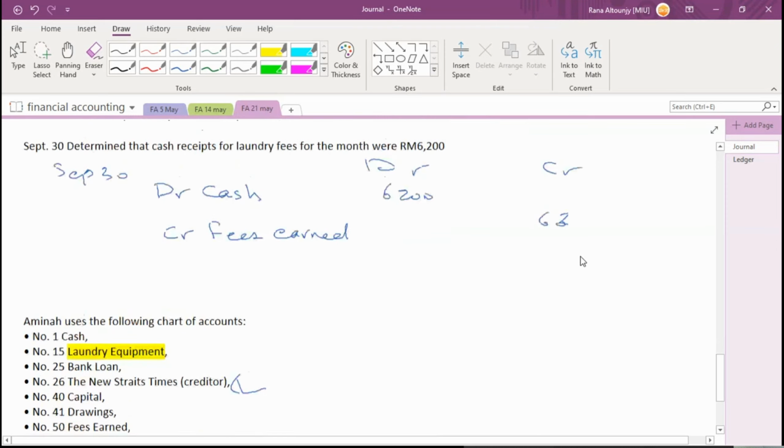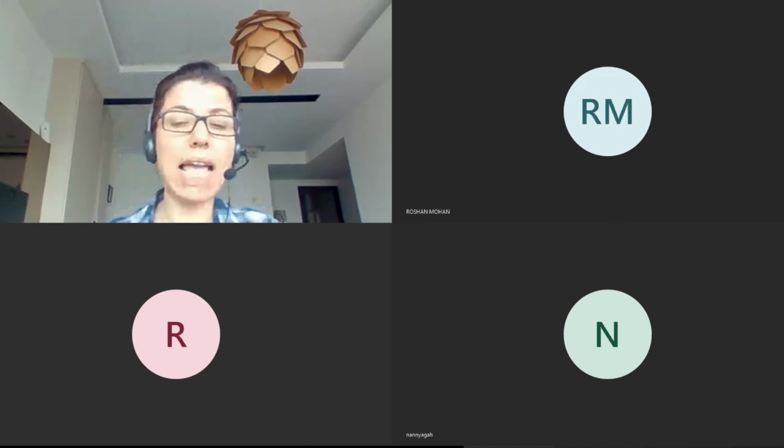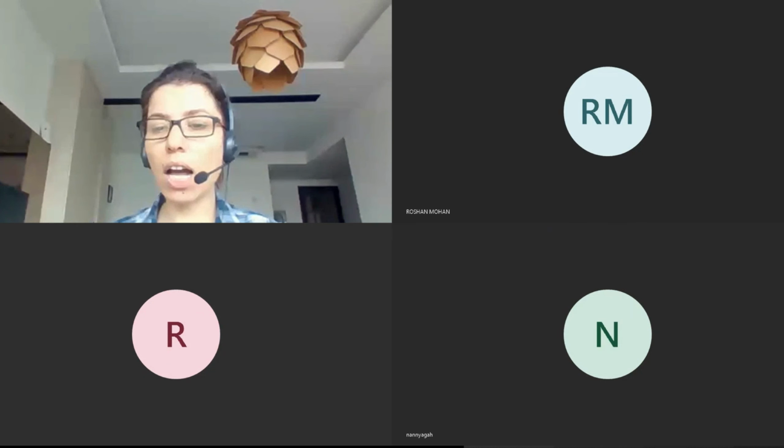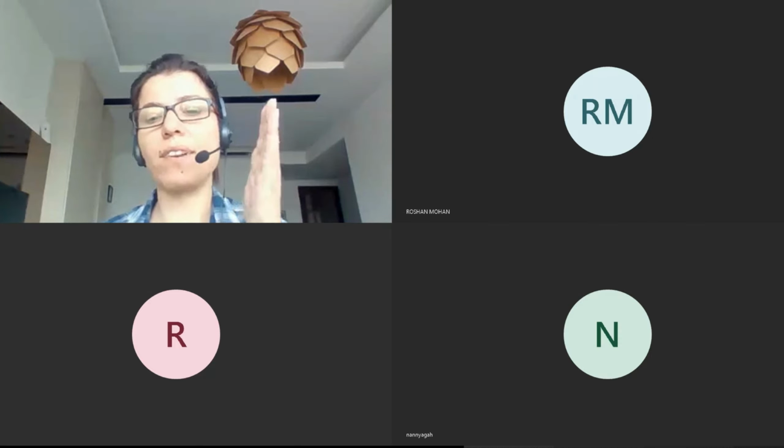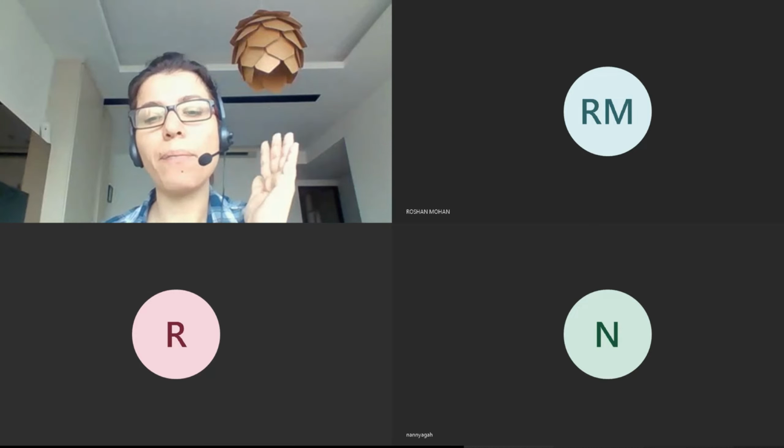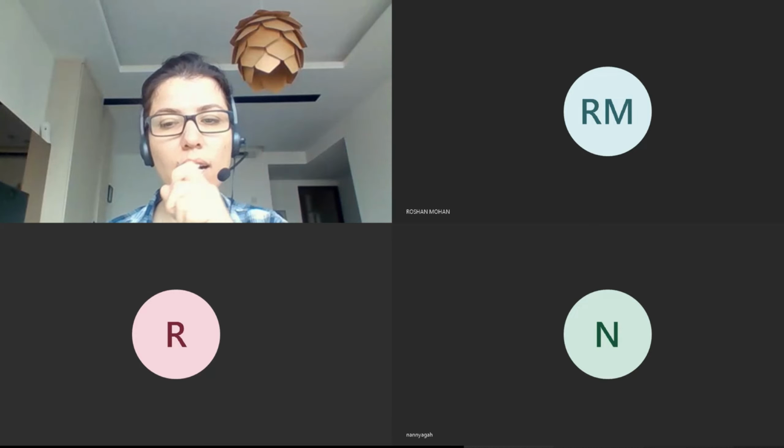So like this, we see how the transactions are. Let's practice again how we can transfer these transactions to the ledger. So let's share the notebook again.